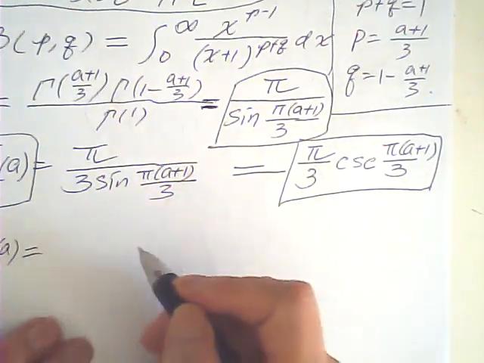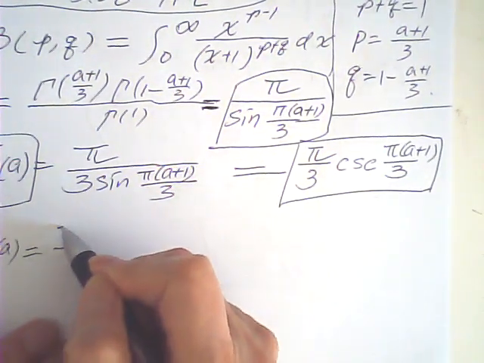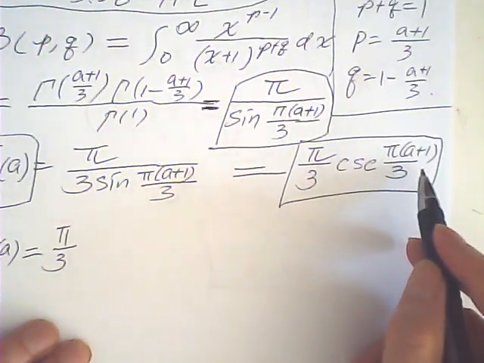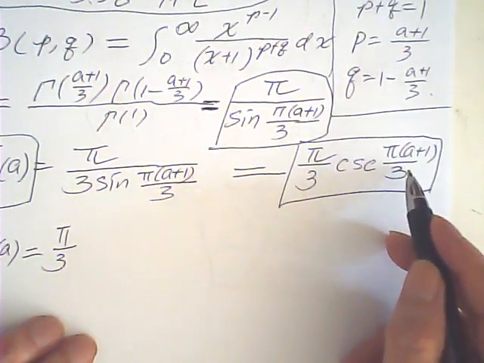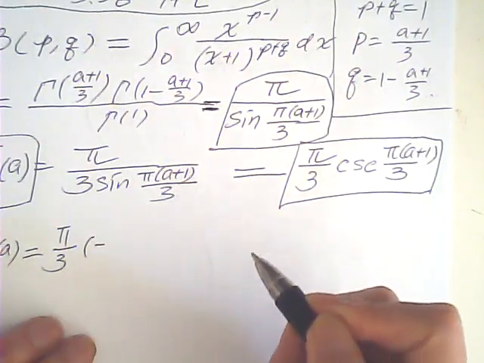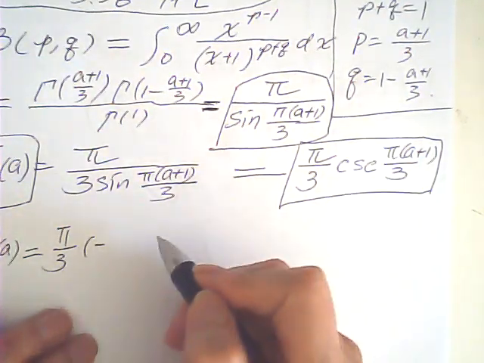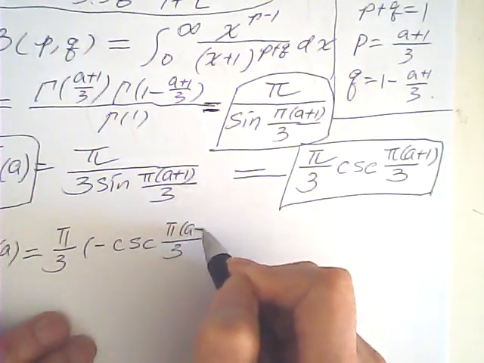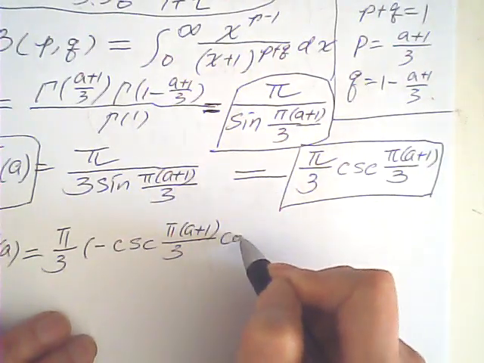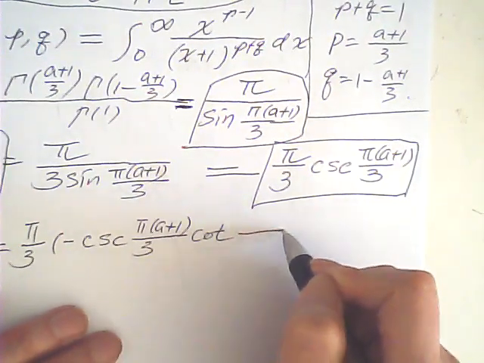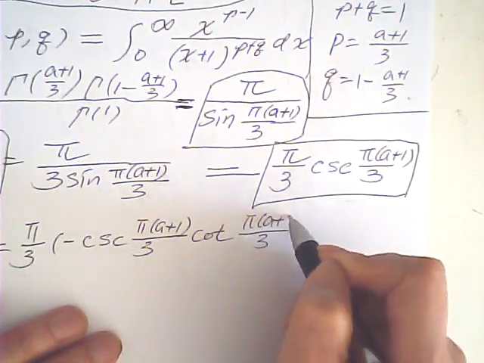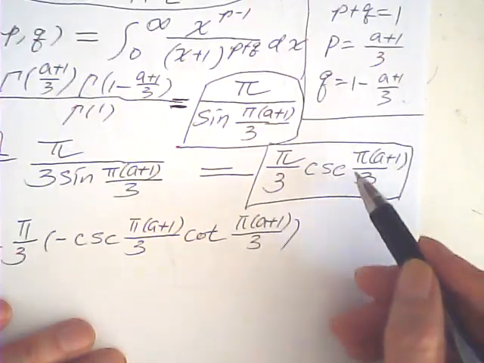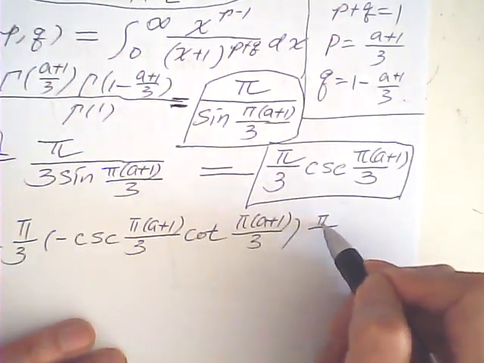This is equal to 1/3 pi times the derivative with respect to a, which is negative cosecant of 1/3 pi a plus 1 times cotangent of 1/3 pi a plus 1, multiplied by the derivative of the inside with respect to a, which is pi over 3.